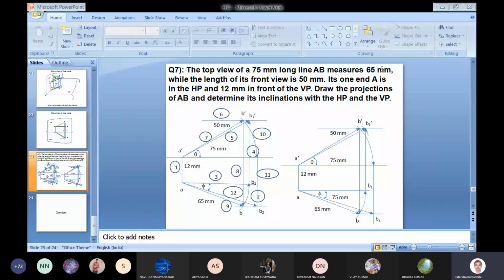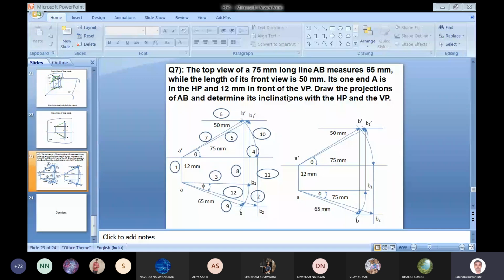We have got 75 as the true length of the line, and 65 as the top view length, while the length of its front view is 50 millimeters. One end A is in the horizontal plane and 12 in front of VP. Draw the projections of AB and determine its inclination with the HP and VP.